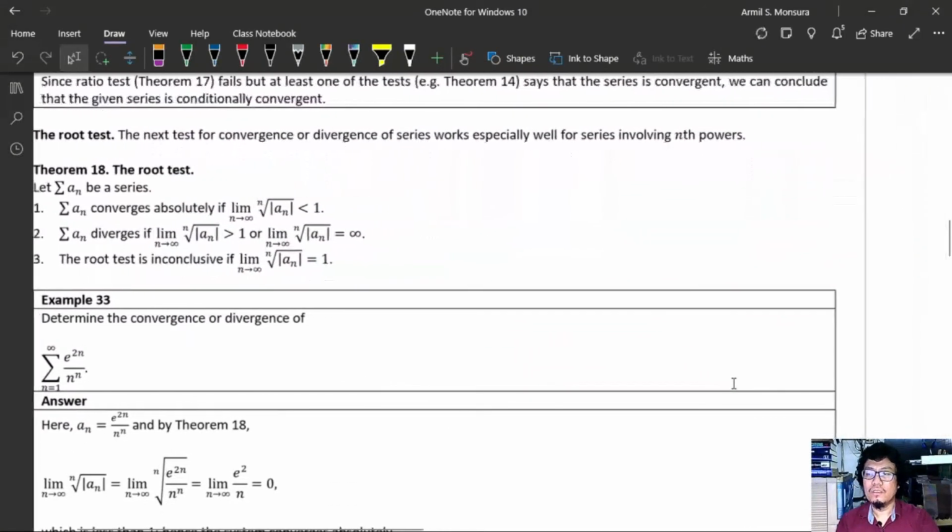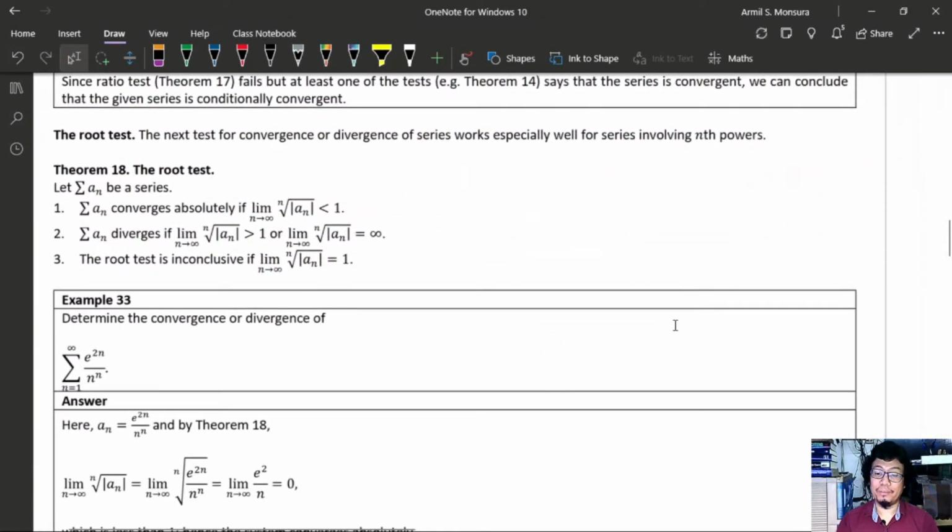Now, we proceed with the final test that we will study, which is the root test. The root test would work well with n terms having n powers.